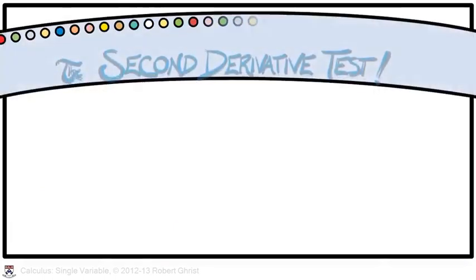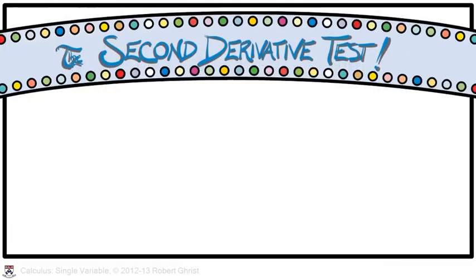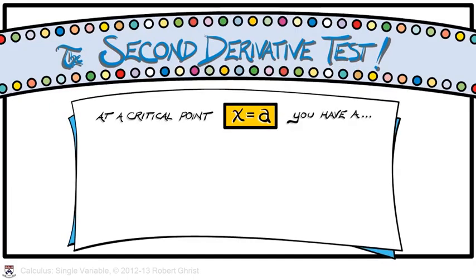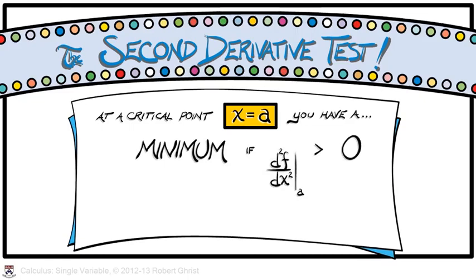You may recall the wonderful second derivative test that is so helpful. Recall that at a critical point, x equals a, you have a minimum if the second derivative at a is bigger than 0. You have a maximum if that second derivative at a is less than 0.